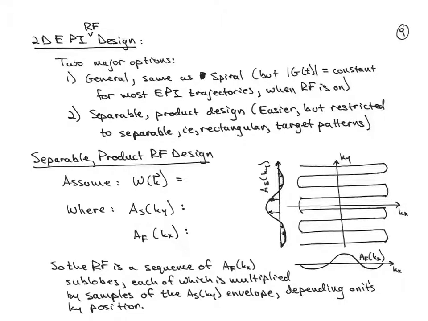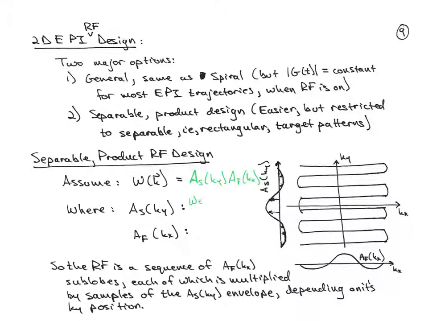So the separable product RF design, here in this case we assume that the k-space weighting we want is equal to some envelope, some weighting in the slow dimension, which is a function of ky, the slow or the blipped dimension, times a weighting in the fast dimension, which is a function of kx.